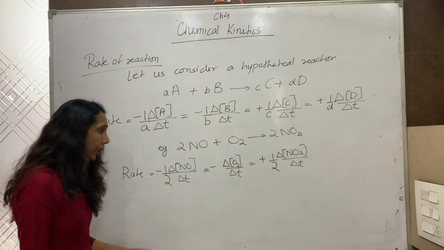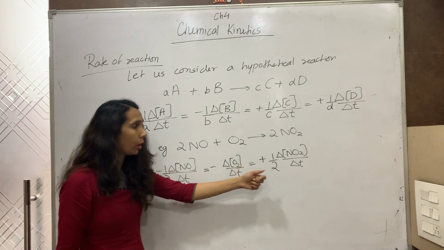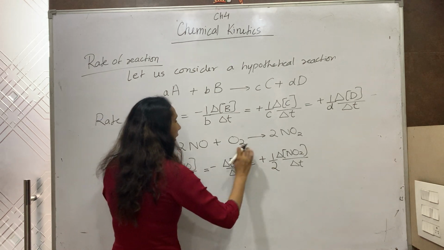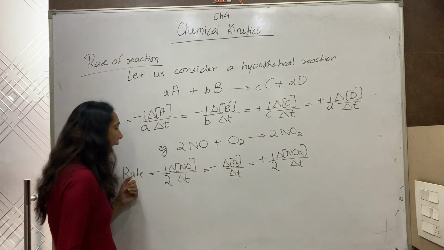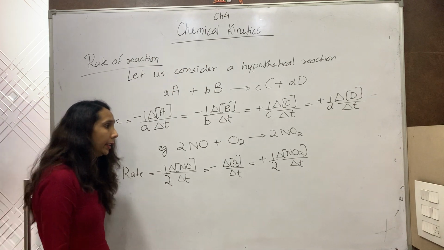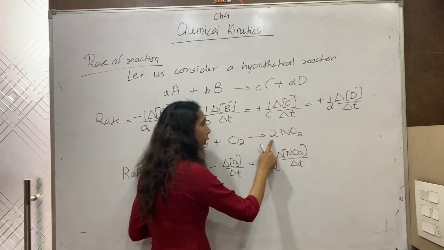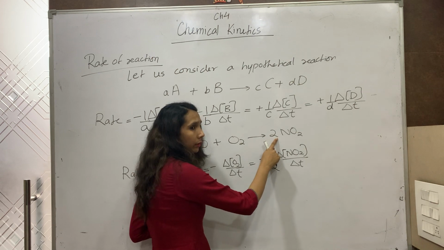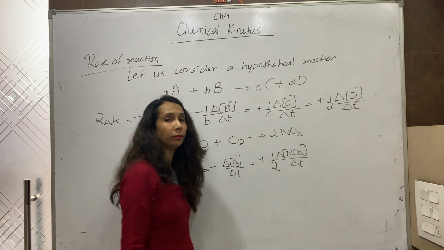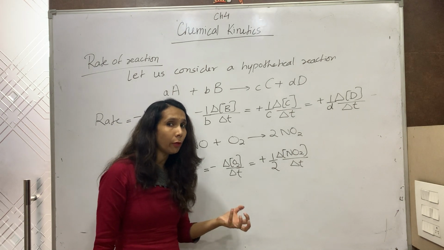Again, I am repeating, we are writing the stoichiometric coefficients in the denominator because we are considering the reaction as a whole and we are writing the rate of reaction. You can see the rate of formation of NO2 is double the rate of consumption of O2.